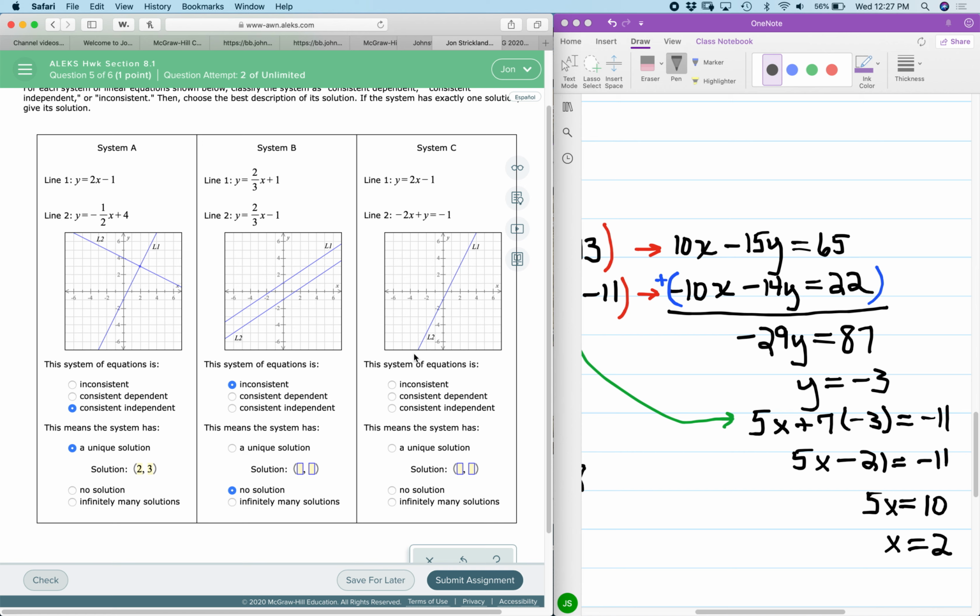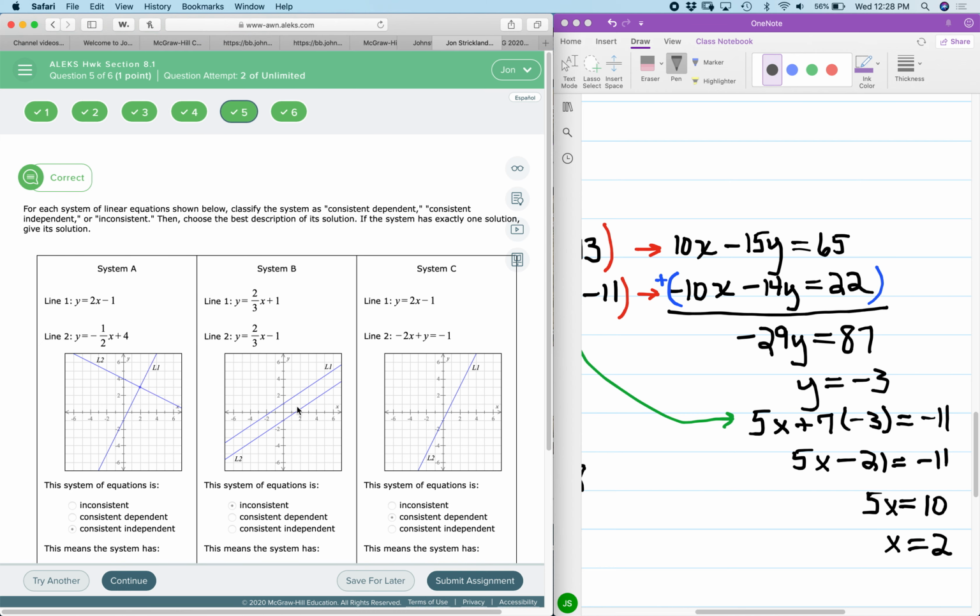This is a situation where you have an infinite number of solutions, where the graphs become the very same line, and we have consistent and dependent. Thus we have a consistent dependent system, and we have infinitely many solutions. Upon checking, the result is correct.